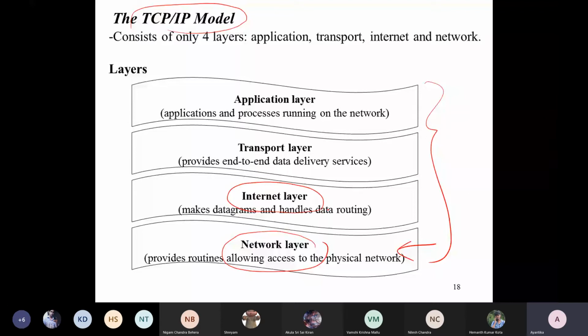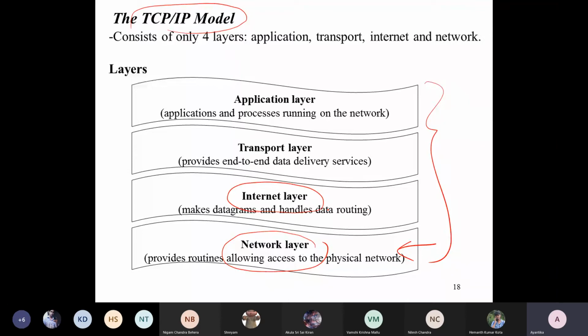That means it is defining the rules for a particular layer, and then sending the data to the next layer to be processed. Whatever operations we require in an overall communication framework, step by step, those are basically layered in this format.